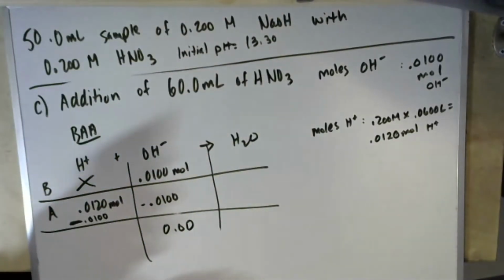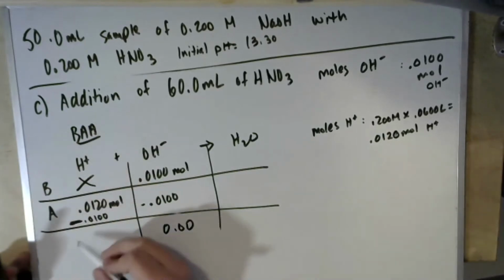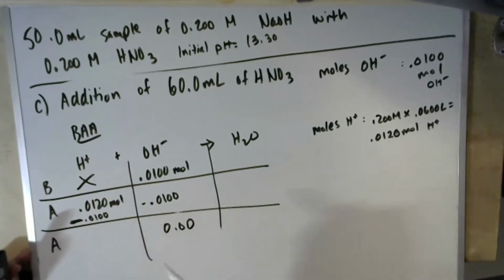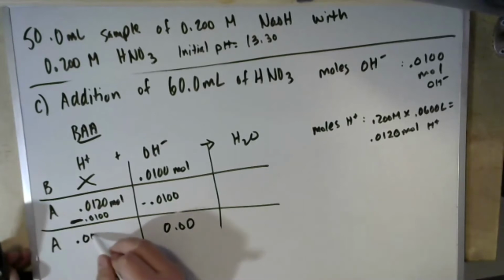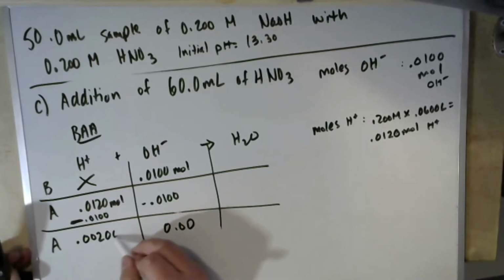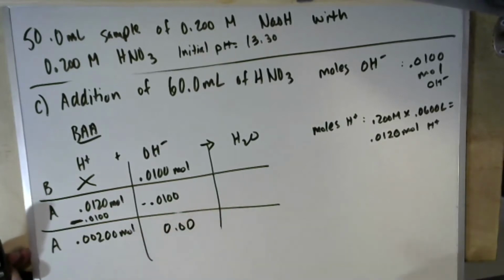So we have 0.012 minus 0.01. And after the addition of our hydrogen ion, we have 0.002 moles of H plus left, and we have no hydroxide left.